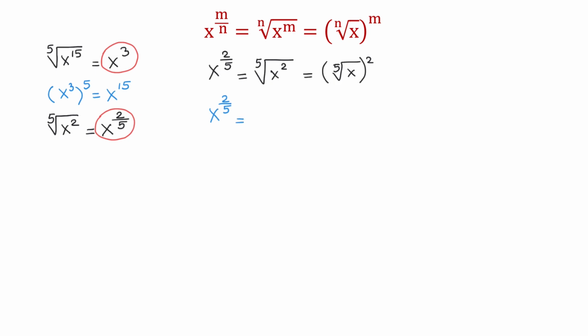We can write it either as 2 times 1 over 5, or if we have x to the 2 over 5th power, we can write it as x to the 1 over 5 times 2. So 2 times 1 over 5 is 2 over 5, and 1 over 5 times 2 is also 2 over 5.